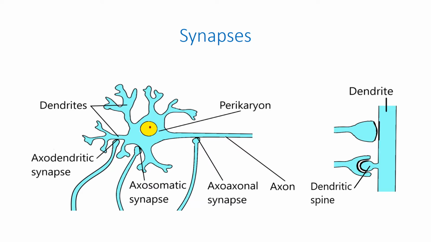Chemical synapses transmit impulses from a presynaptic neuron to another cell using specific biologically active substances, neurotransmitters. Morphological classification of synapses takes into account which parts of the contacting neurons are involved in the formation of a synapse.